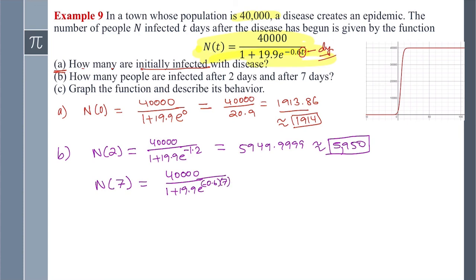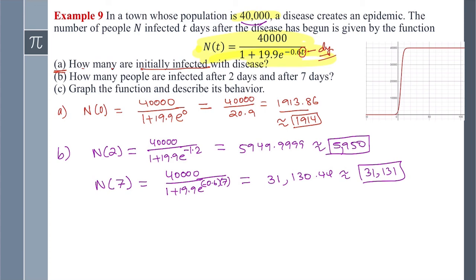This gives us 31,130.44. That means approximately 31,131 people are infected after day 7. See, within 7 days, almost the whole population is infected. The total population is only 40,000. If you keep going, you see that increase.